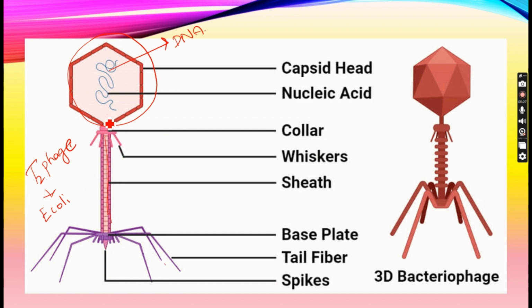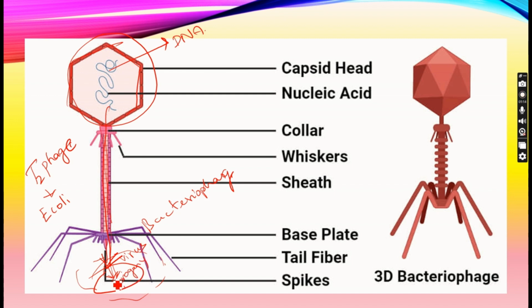When the bacteriophage attacks, the protein coat stays outside the E. coli. Only the genetic material is transferred into the E. coli. After that, as a bacteriophage is also a virus, it hijacks the E. coli machinery and produces more progeny.